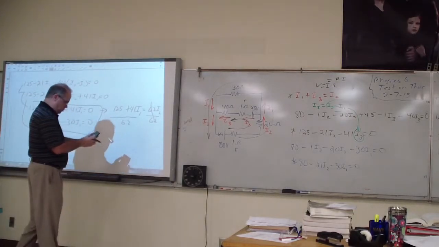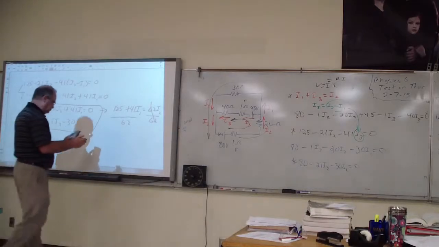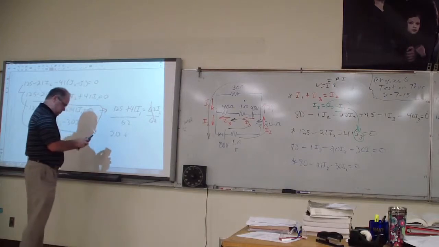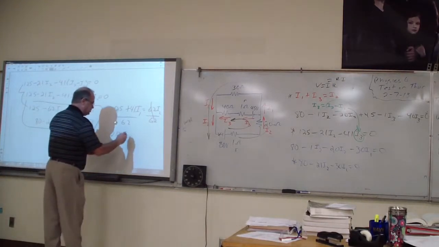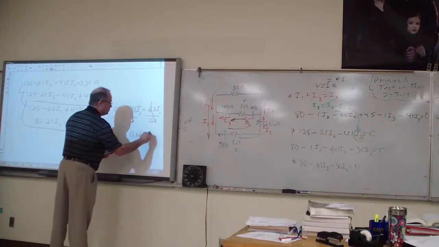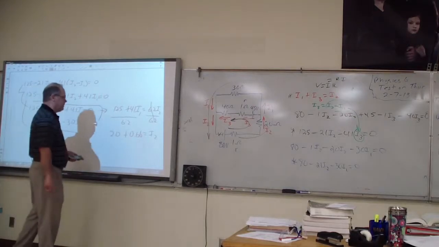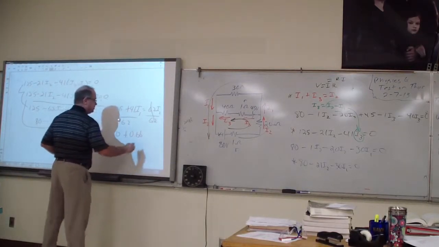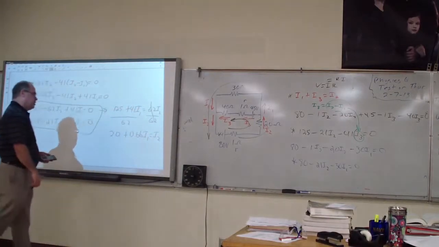So 125 divided by 62 equals... and 64. Oh, I left one little thing off, didn't I? There you go. So that's I2.